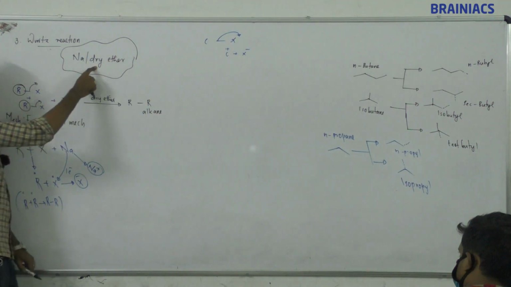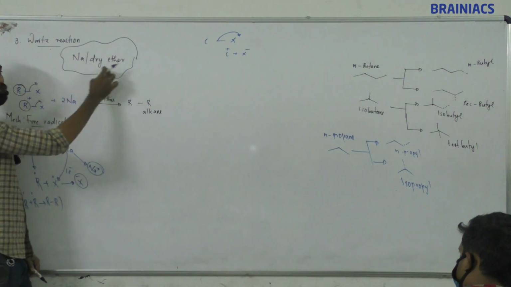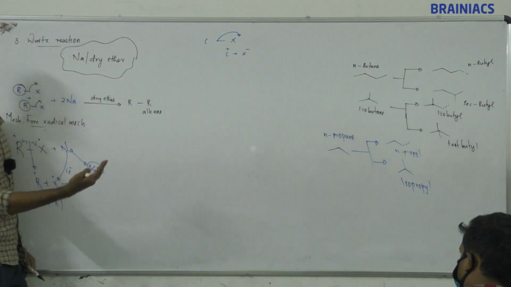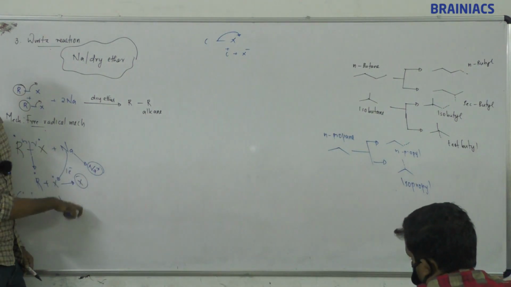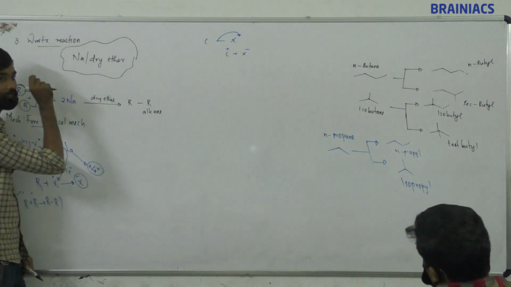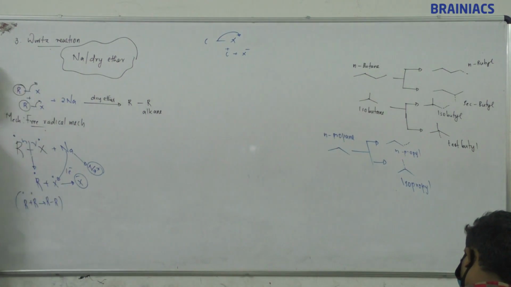For that, it should be in a medium of dry ether. If there is no dry ether, sodium may be hydrated to become NaOH. Then there is no donation of electron from sodium to halogen. Then the Wurtz reaction will not take place. So your sodium should exist as sodium. Then only the mechanism takes place. Okay, fine. The mechanism is not given in your textbook. If you want, you can show that.